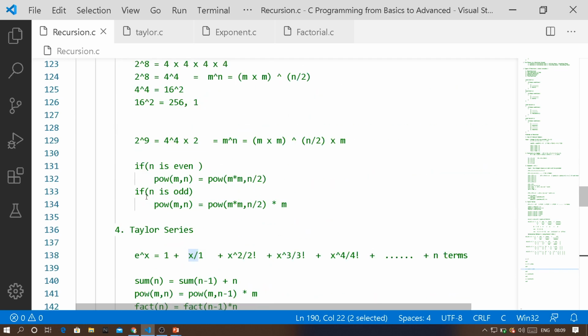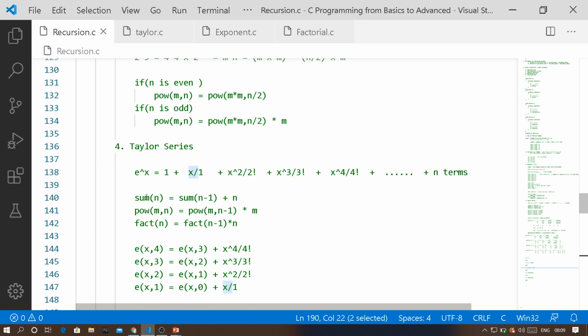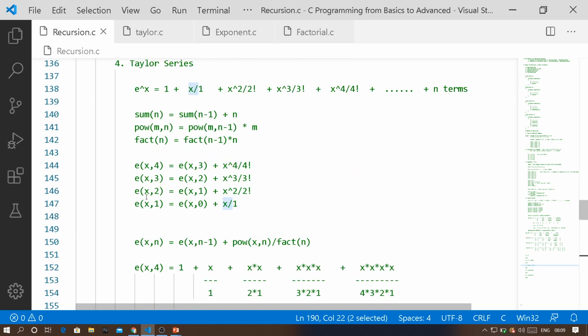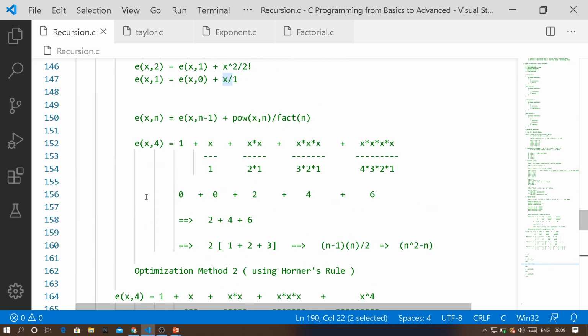So the factorial function, power function, and summation function, all the 3 functions we used those techniques in the Taylor series, wherein we did not stop with only one method. We saw 3 methodologies, where method 1 is inefficient, so we went into method 2 for optimization, and method 3 for further optimization using Horner's rule.